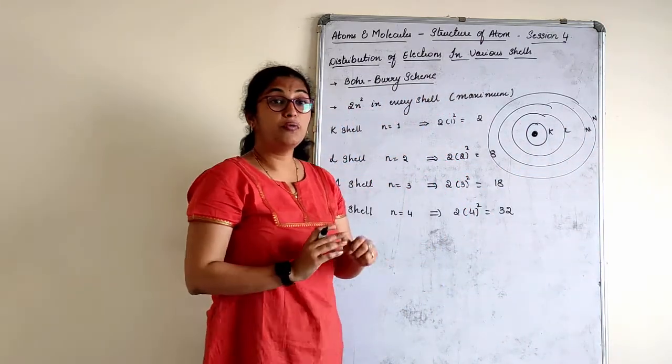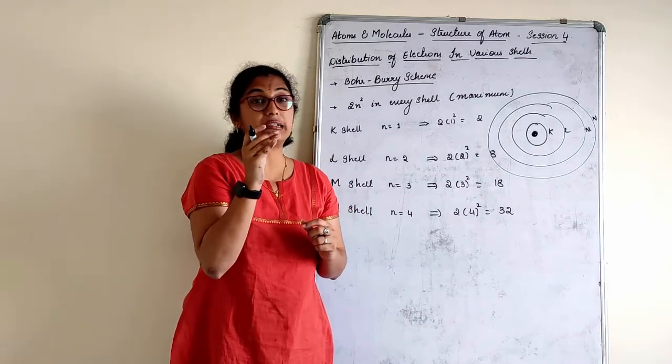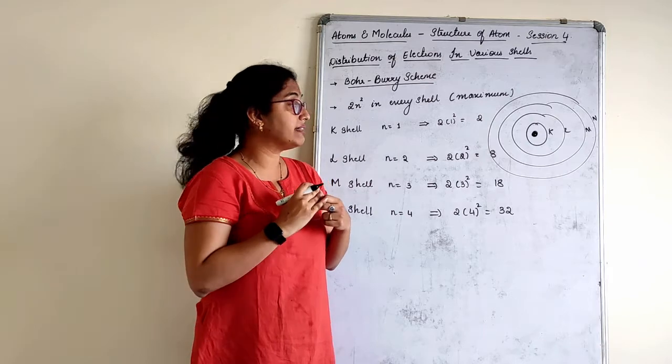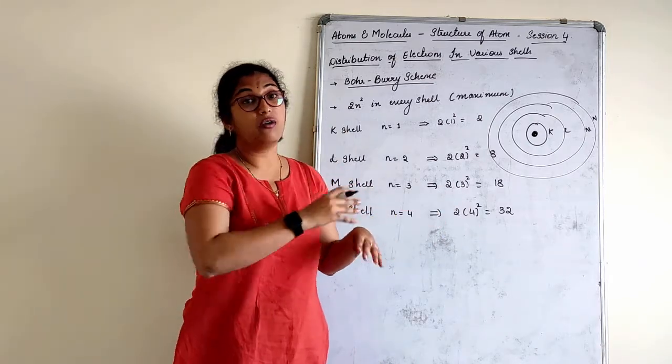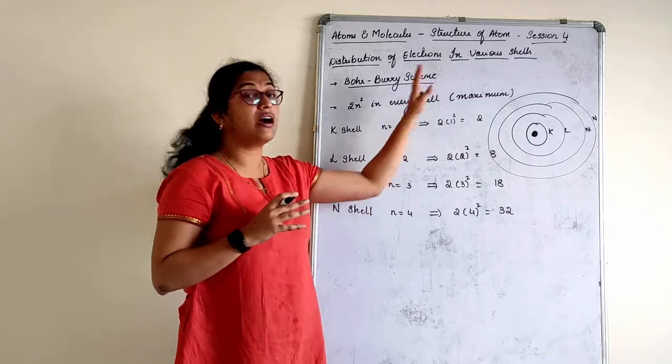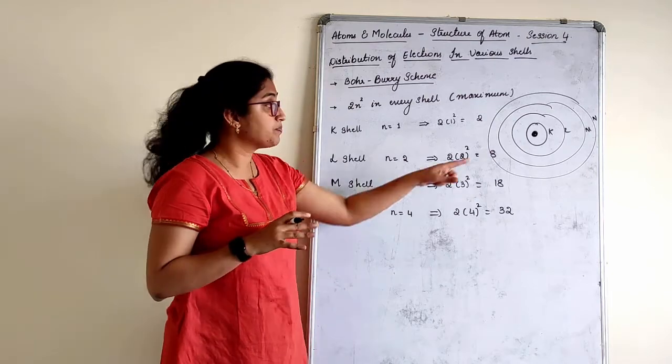Now what do you mean by penultimate shell? About the penultimate and anti-penultimate, I will teach you once I start with the given elements, how electron distribution is done. Now if I explain, you will not understand much better.